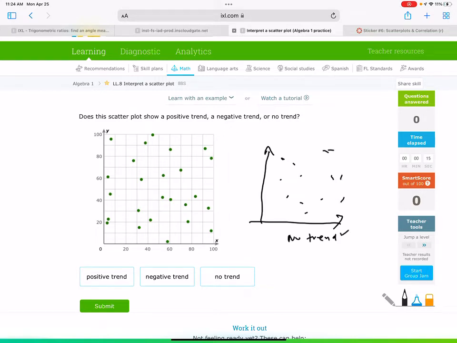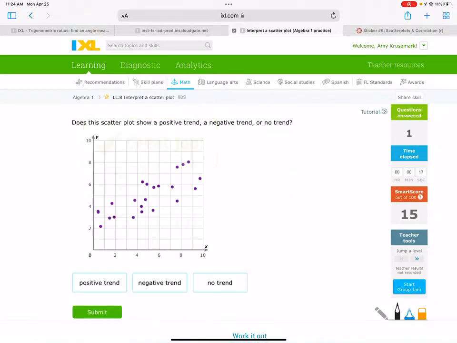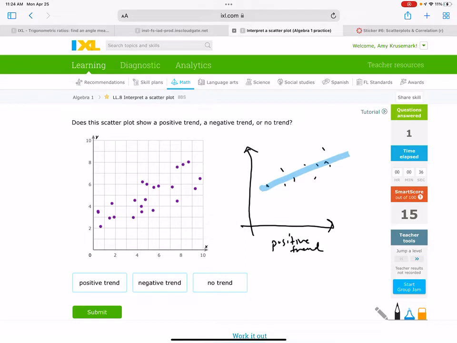So that's my notes. I'm going to go to the next one. Interesting. Here I'm going to make my notes, and I notice when the dots are kind of swimming up, it makes it look like it's going up. So I'm going to say positive trend, right?